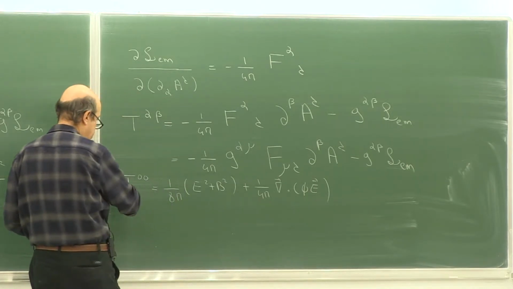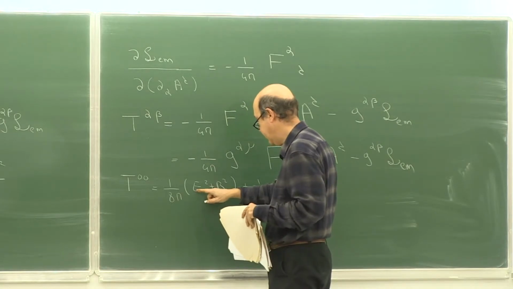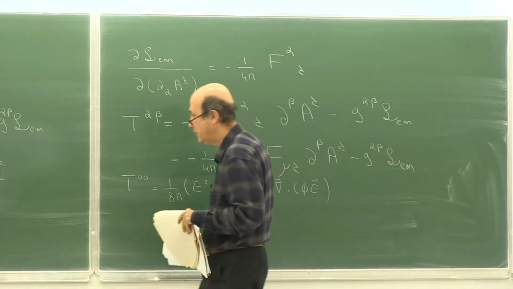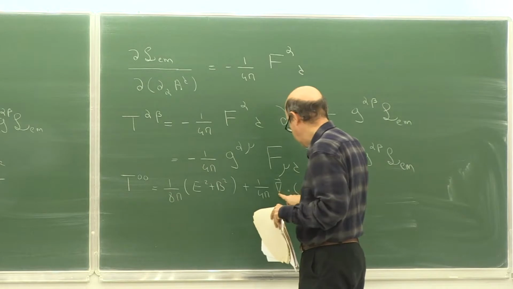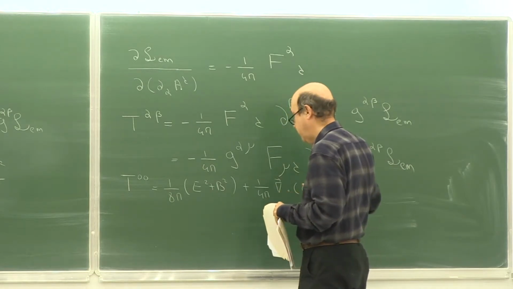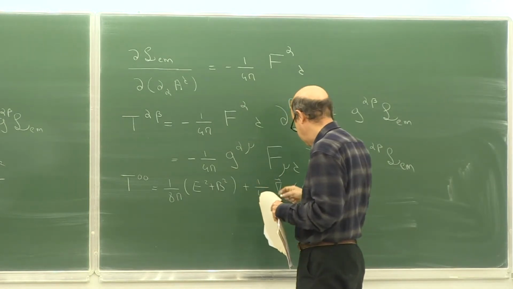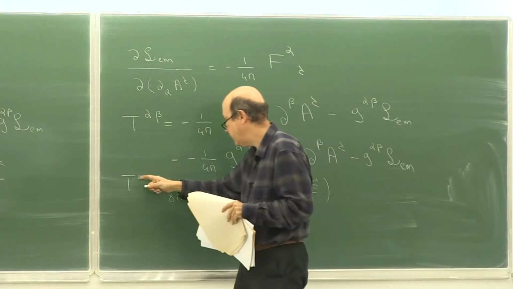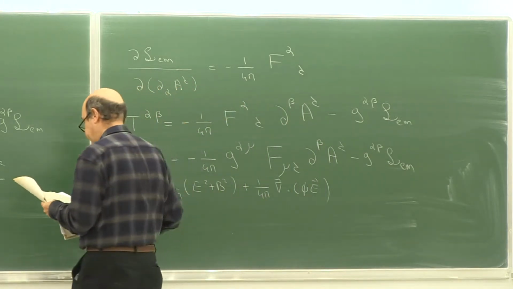As you see, the first term is the total energy density, E squared and B squared. The Lagrangian density is E squared minus B squared, and you have an additional term, the divergence of the potential times the field. If you take the volume integral of this, it goes to a surface integral, and you can estimate that T00 is the total energy of the electromagnetic field.